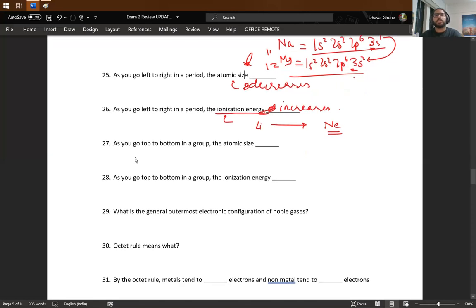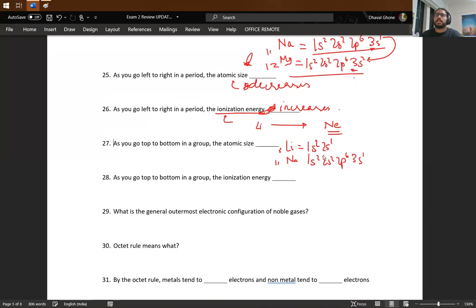As you go top to bottom in a group, what happens to the atomic size? A good example for that would be lithium and sodium. Lithium is 3, sodium is 11. Lithium is 1s2, 2s1, and sodium is 1s2, 2s2, 2p6, 3s1.